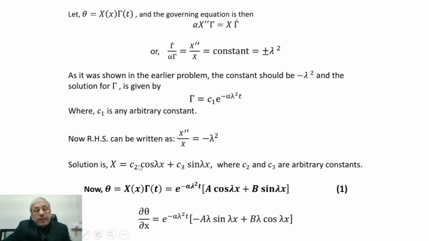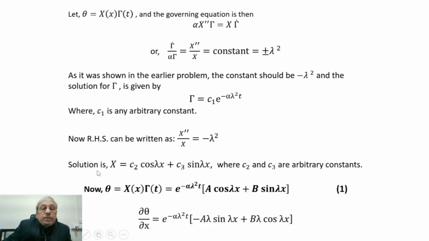So this is given as C2 cos lambda x plus C3 sin lambda x, where C2 and C3 are arbitrary constants.